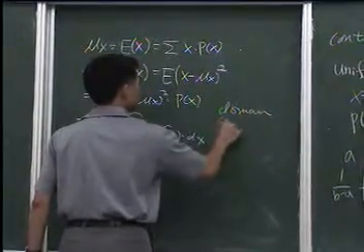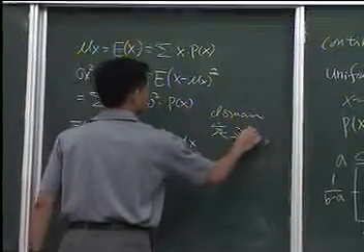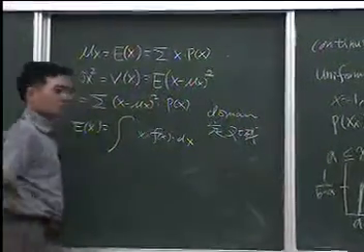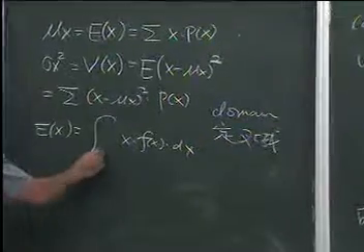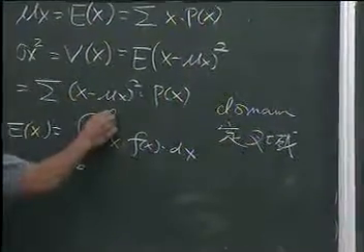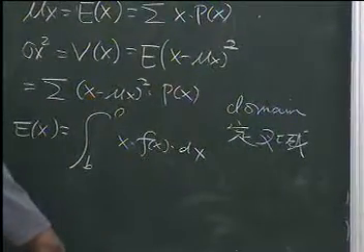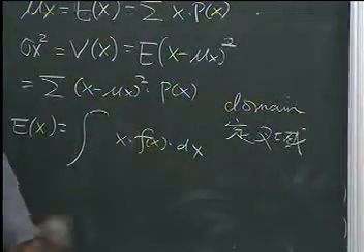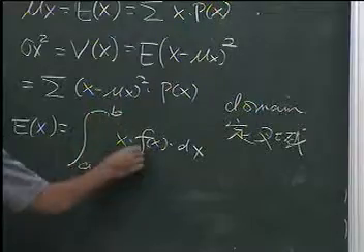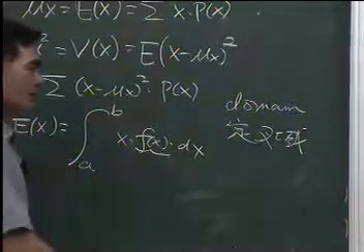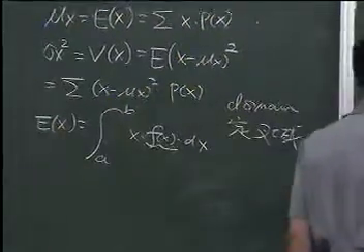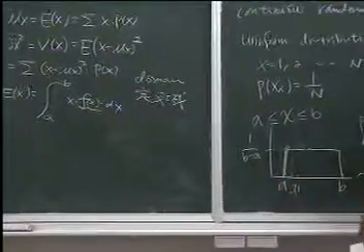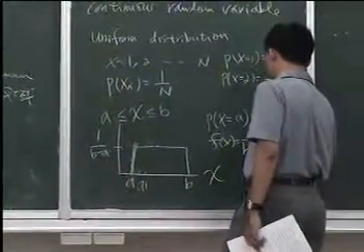Domain. Okay, so it's from A to B, right? From A to B. And what is this? This is f(x), right? And we know f(x) is equal to 1 over b minus a.